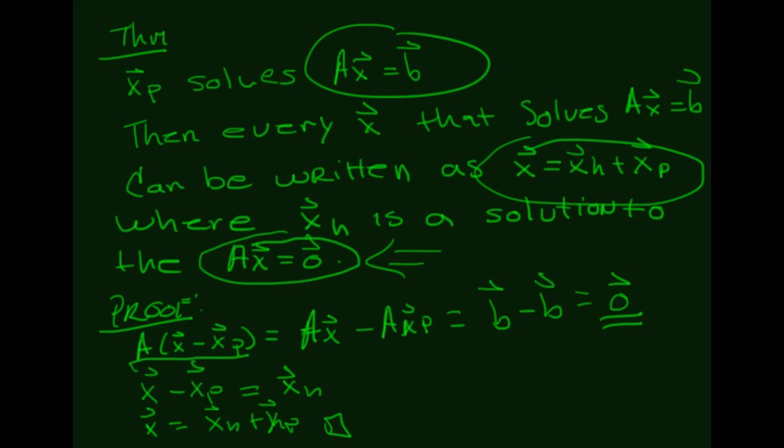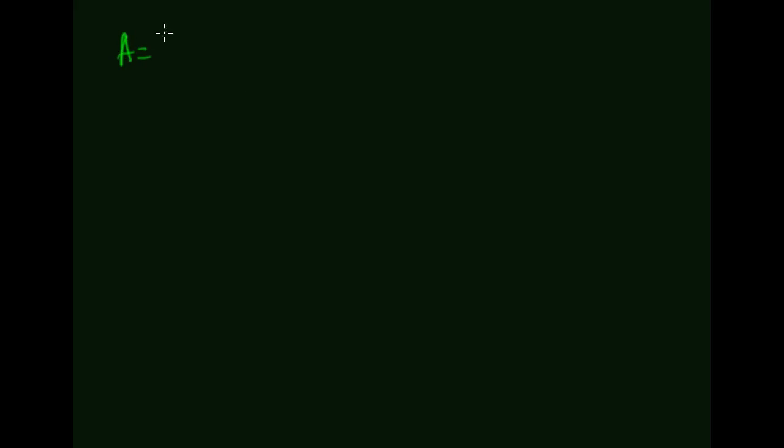So every single arbitrary solution to this system has to be a solution to the homogeneous system plus that particular solution that I found. So let's see what this looks like in practice. All right, so let's say A is a 3x4 matrix.